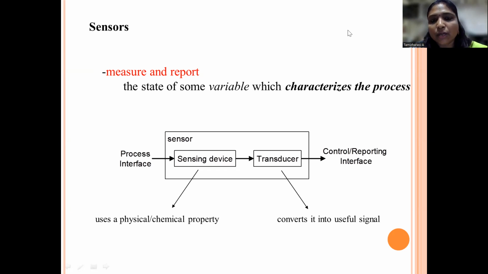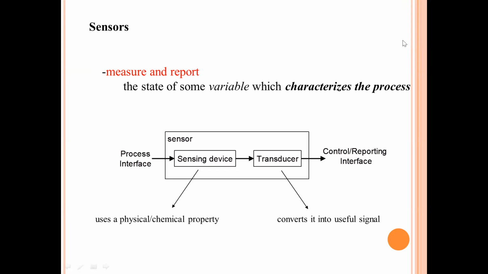Before getting into the classification of sensors, let me first tell you what a sensor is. A sensor is a sensing device which may use some physical or chemical property.